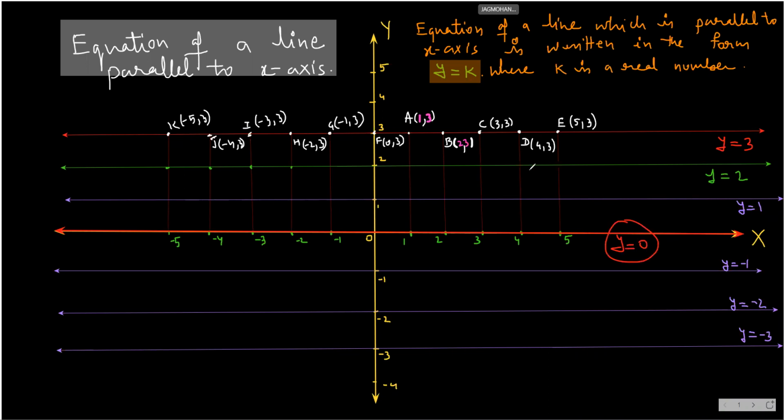Y equals 0. But now what I think is, why should we say a line on x-axis? We would rather say x-axis. Why? Because a line which is coincident with x-axis, it is x-axis.